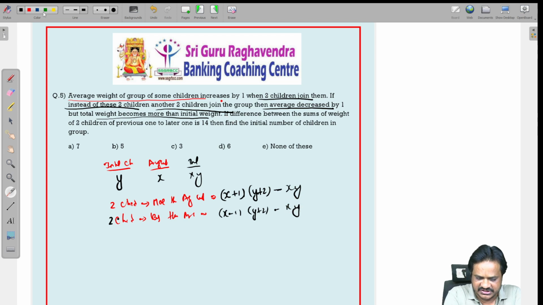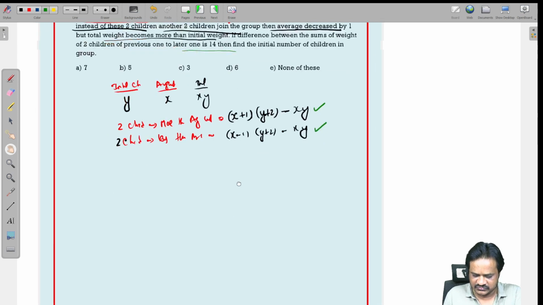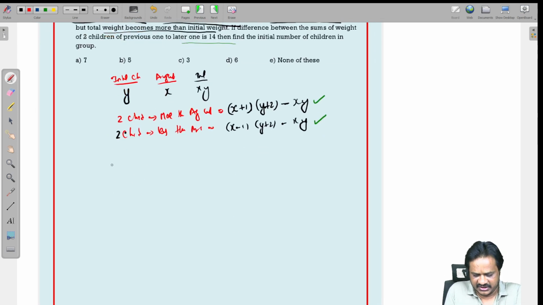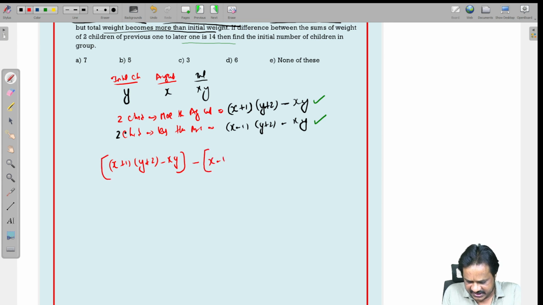And the difference between these two sums is 14. Here the difference of these two is given 14. Now you need to take the difference of these two. That means x plus 1 of y plus 2 minus xy minus x minus 1 of y plus 2 minus xy.